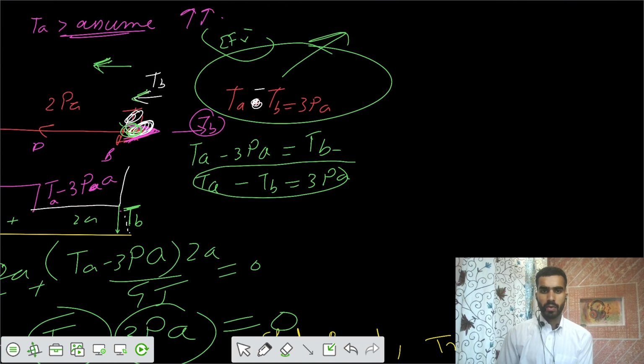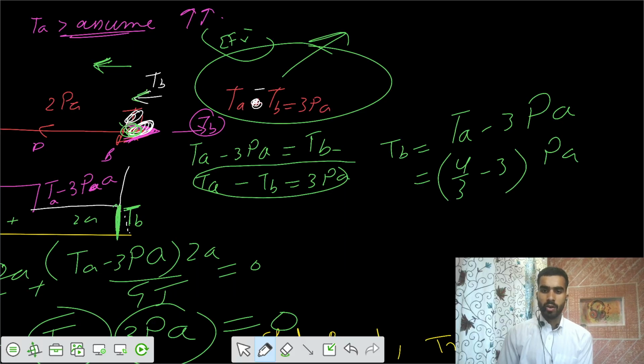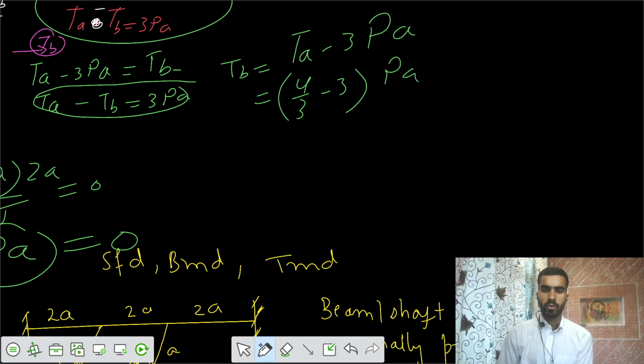That means the value of TB should be equal to TA minus 3PA, which is 4 by 3 minus 3 of PA. That's 4 minus 9, that's minus 5 by 3 of PA.